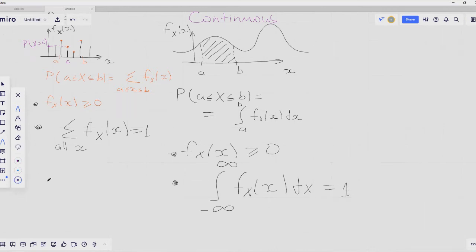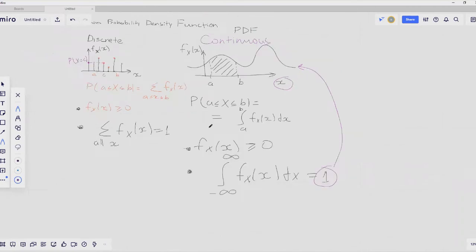So 1 unit of probability is assigned over all possible values of x. You might consider this as 1 kilogram of snow falling over all possible values of x.